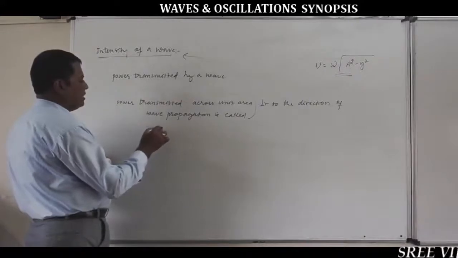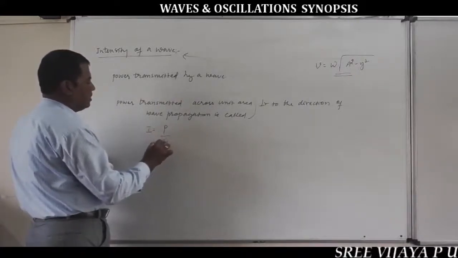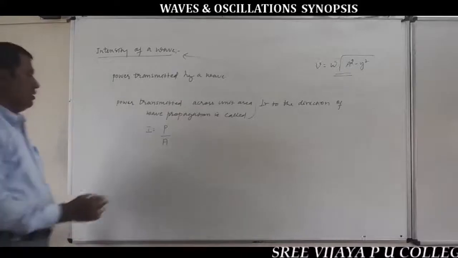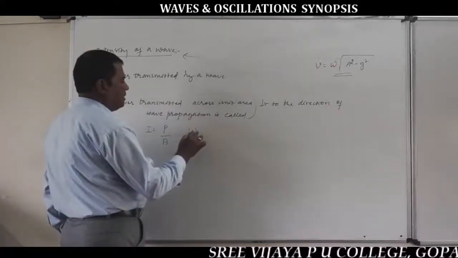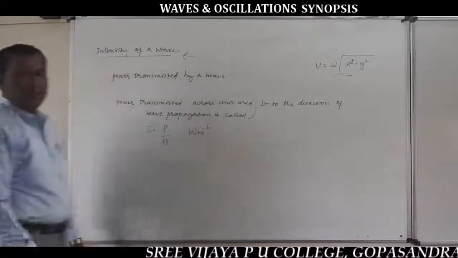So intensity generally is written as power transmitted across unit area. The unit is watt per meter square.